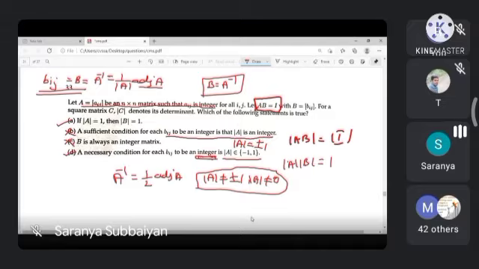Same concept. Determinant of A is plus or minus 1 means the inverse has integer entries. So in place of inverse, they have given B, simply for confusing purposes. In the previous question, they asked A inverse directly. In this question, in place of A inverse, they gave B. Then they asked the same question.